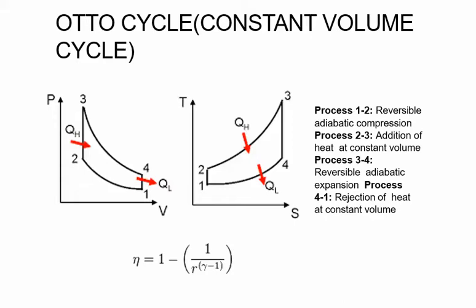In the case of the Otto cycle, the effect will be to produce enough net work from the system to propel an automobile and its occupants in the environment.